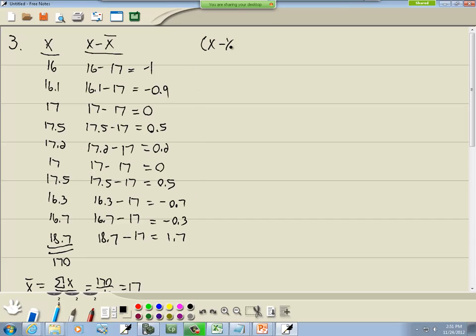Then we need to square those values, which gives us negative 1 squared, or 1, negative 0.9 squared, or 0.81.